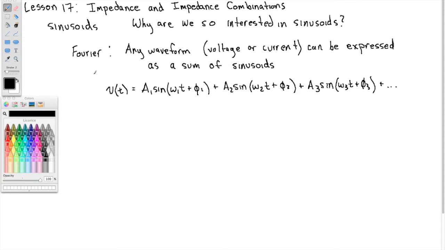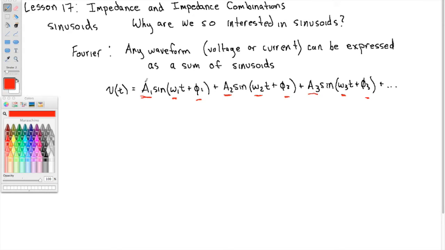If you know your Fourier analysis, then the Fourier analysis tells us what these constants are, what these amplitudes, A, are, what these frequencies, omega, are, what these phases, phi, are, and how many of these waves we need. Now, this class does not cover Fourier analysis.